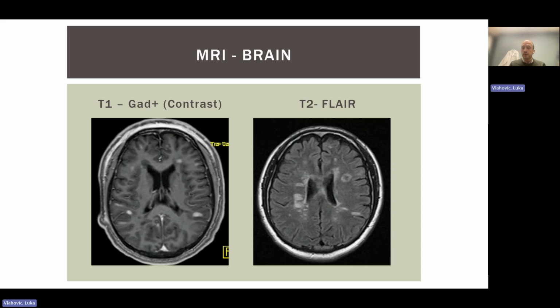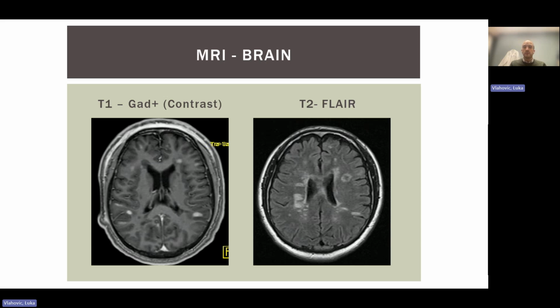On the other hand, this is another sequence, T2. This is the one that I mentioned where we can see cumulative lesion load over time, and in particular, some of these lesions tend to be elongated, ovoid, at 90 degrees compared to the ventricles, which are typical ones, or one like this one that is almost touching the surface of the brain.